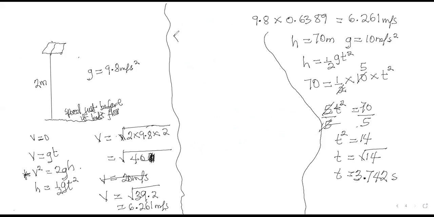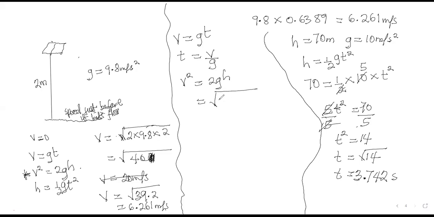So using v equals gt, t would be equal to v over g. If I use v squared equals 2gh, h is 70.